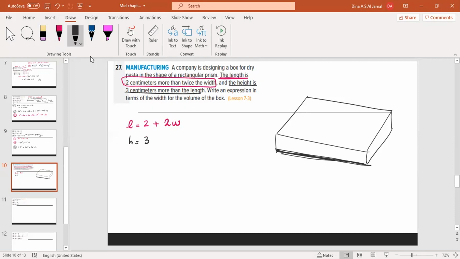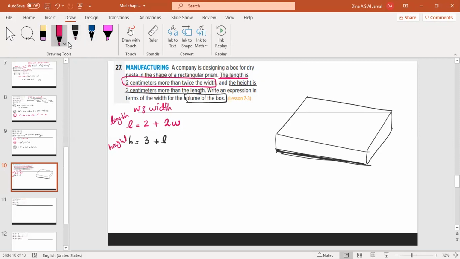Now he connected the height and the length. So 3 plus the length. And your width will be as it is. W, let it be your width. L is your length. H will be your height. So write an expression to find the volume of the box.